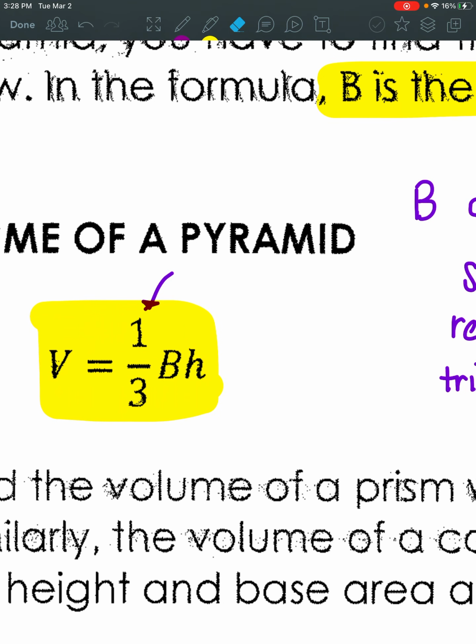That's why we are using this 1/3. This is a repeating decimal, 0.3333 and so on, so we cannot round it. We can't use 0.3. It's going to change that formula.